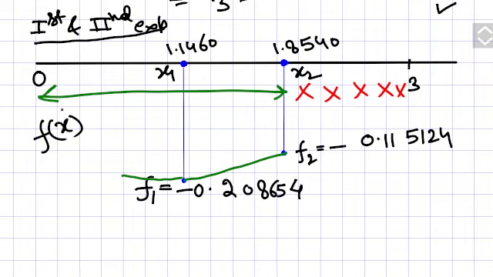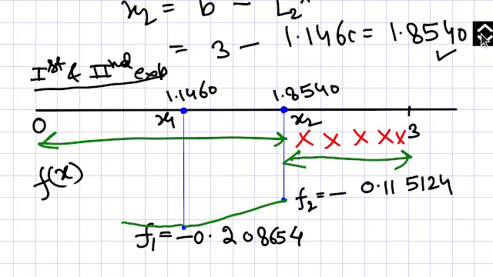So this way we have refined the interval of our search, and it is called the new interval of uncertainty. We are sure that our minimum cannot lie here, so this way we have focused our attention on a refined area, you can say.